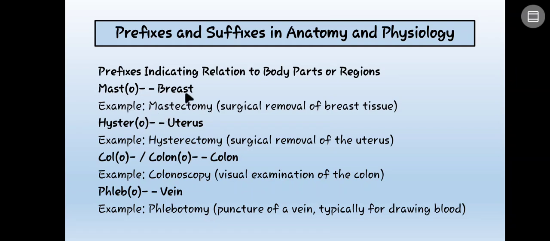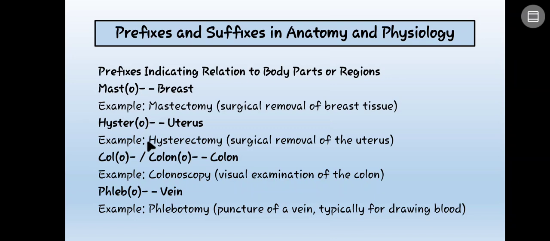Good. Masto means breast. For example, mastectomy is the surgical removal of breast tissue. Hystero means uterus.